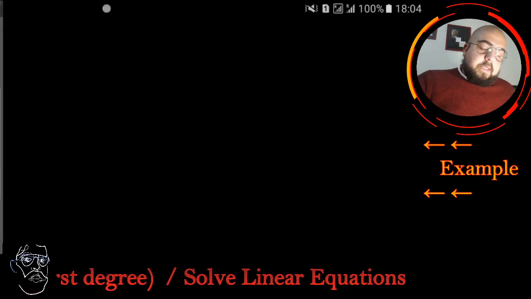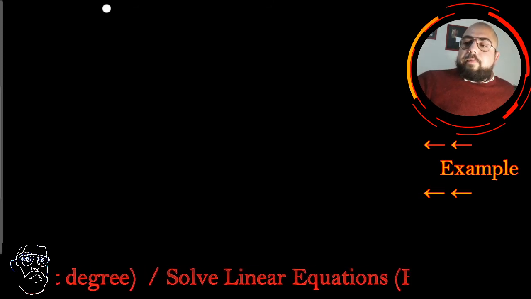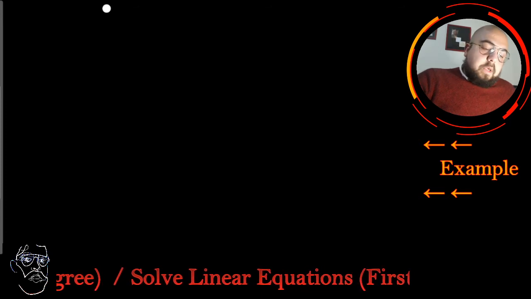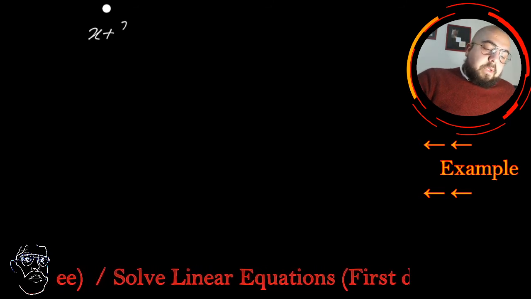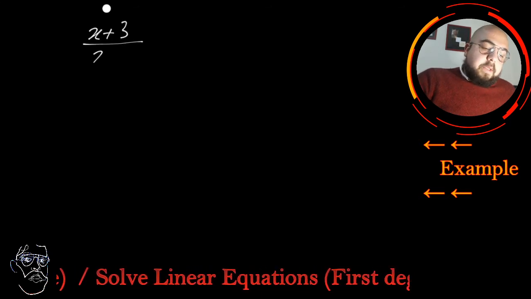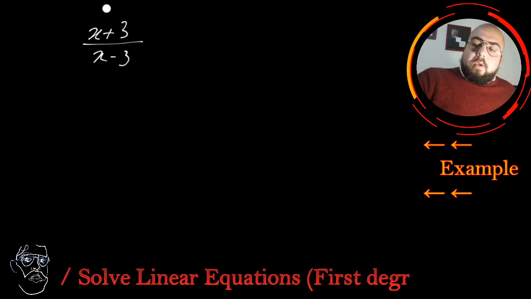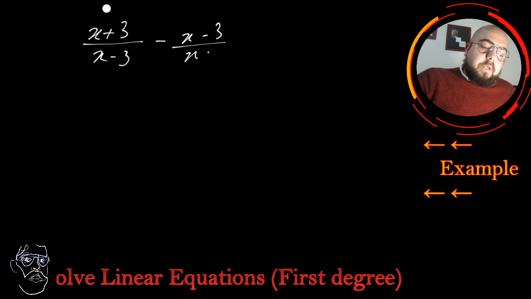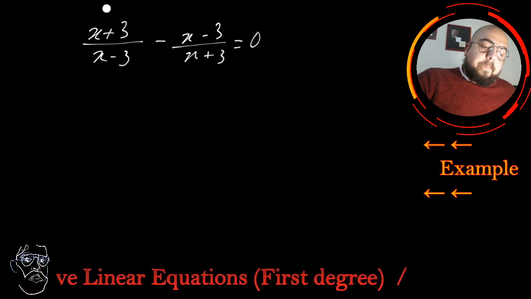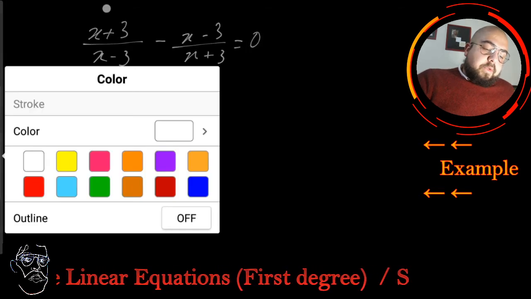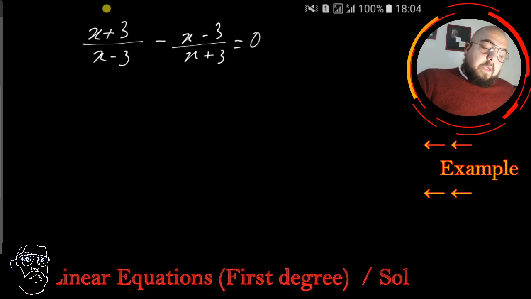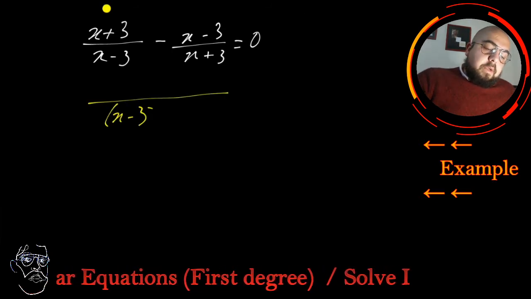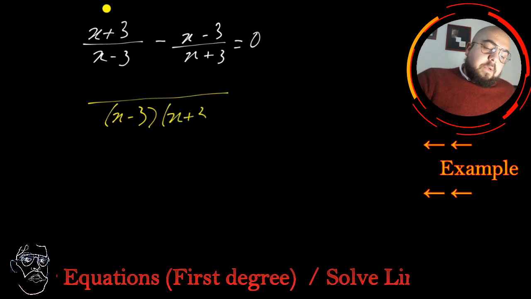Now let's take an example where we have a rational form. In case it was (x + 3)/(x − 3) − (x − 3)/(x + 3) = 0. You will have to choose a common denominator, which is (x − 3)(x + 3).